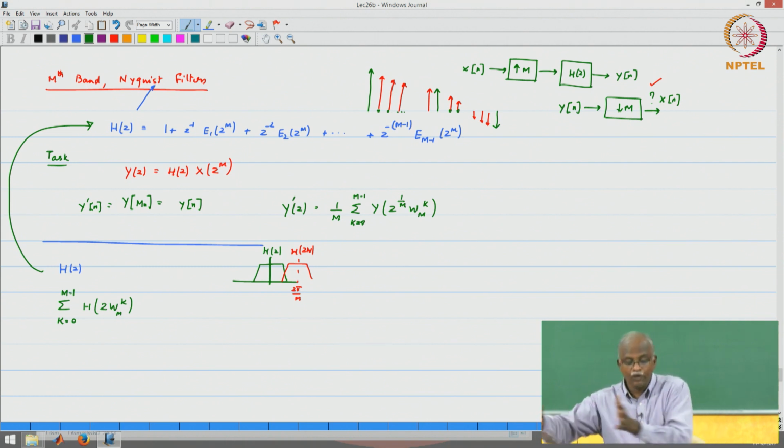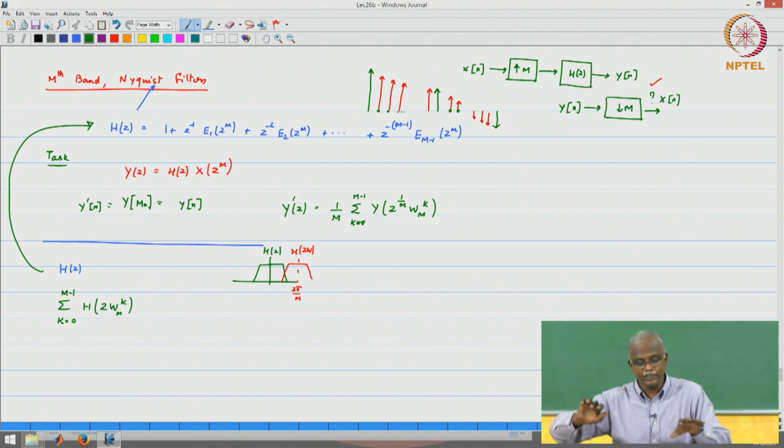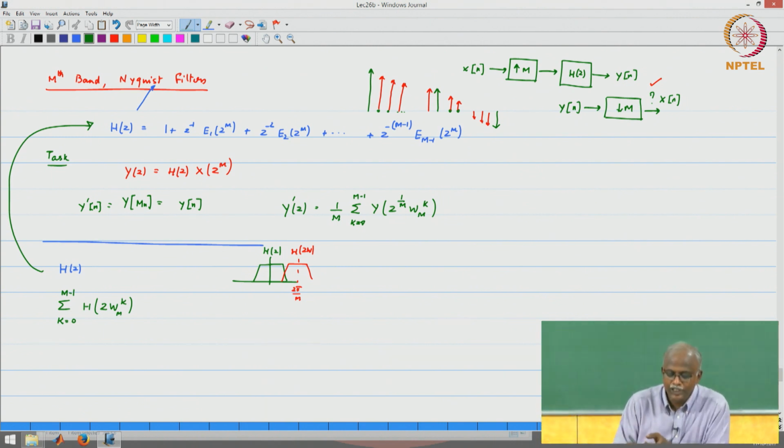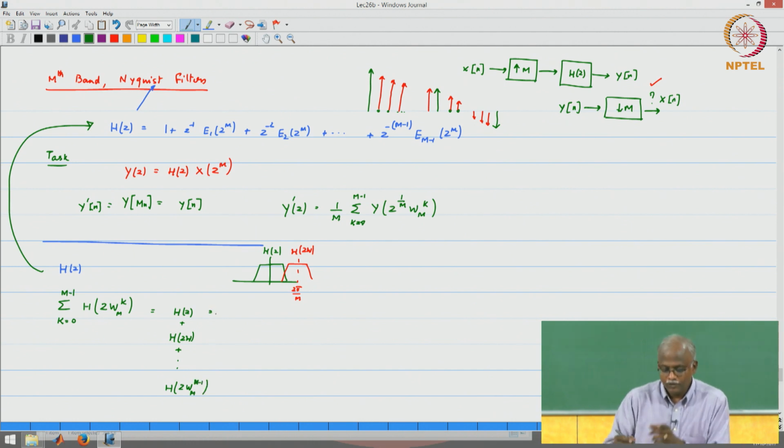So if I shift all of them, they will cover the entire range 0 to pi, 0 to 2 pi. But I want you to see what happens. So basically this is h of z plus h of zw plus, I am going to just write it in this form just for ease of w m minus 1. Okay. So basically this is the summation that we are trying to do.